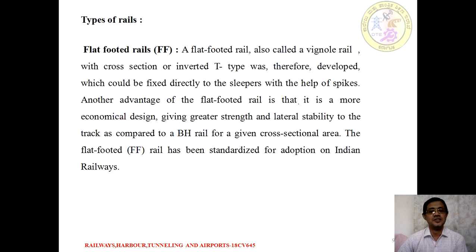Another advantage of the flat-footed rail is that it is more economical in design, as it gives greater strength and lateral stability to the track as compared to the bull-headed rail for a given cross section. The flat foot rail, that is the FF rail, has been standardized for adoption by Indian Railways.